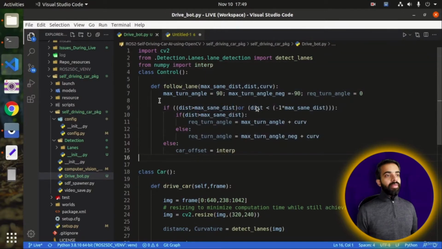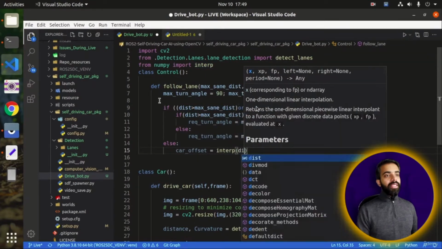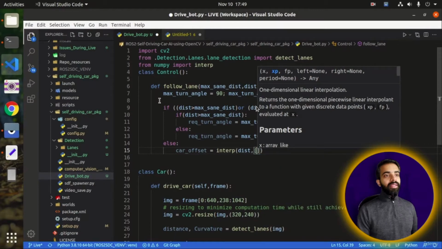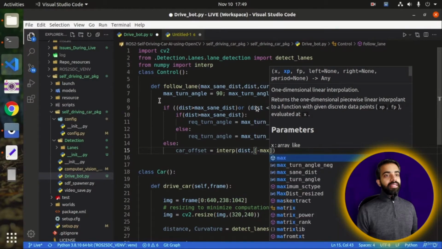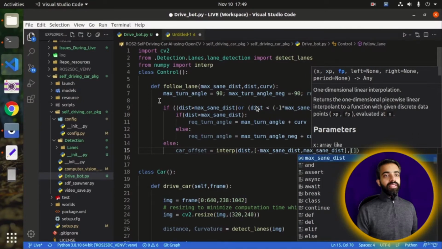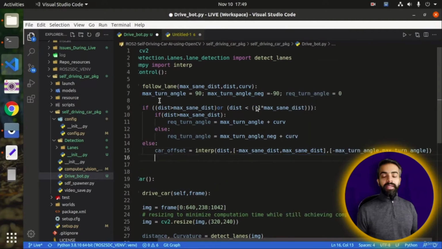Once we have imported it, we interpolate our distance variable, provided the range of this distance variable, which if you remember, is negative max change distance to positive max change distance. And we want to interpolate it to the range of negative max turn angle to positive max turn angle. So this gives us the car offset. Once we have the car offset, we can compute the required turn angle for the normal condition, which is simply adding this car offset to the curvature.